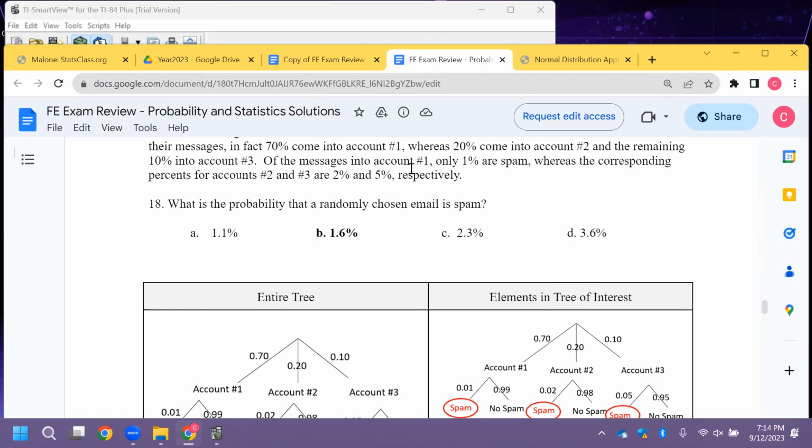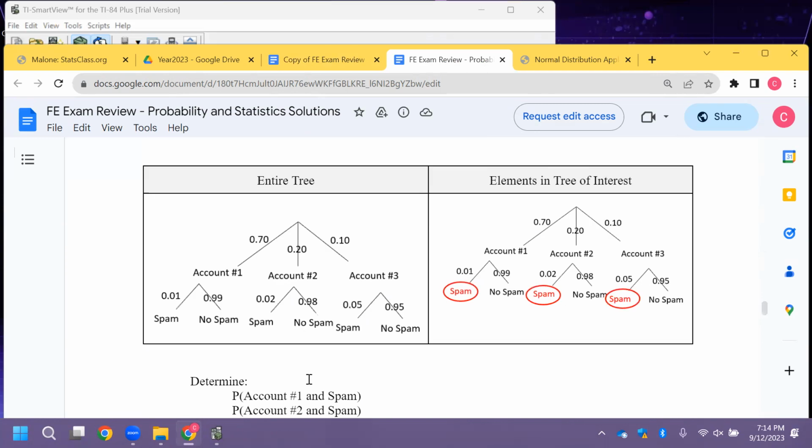Now, on account 1, only 1% are spam. Okay. So now when I'm building my probability tree, when I'm down this branch, 1% are spam. That means 99% are not. On the second account, it's 2% spam. And on the third account, it's 5% spam.